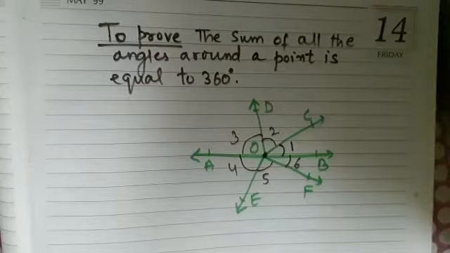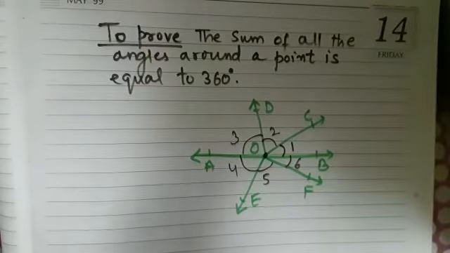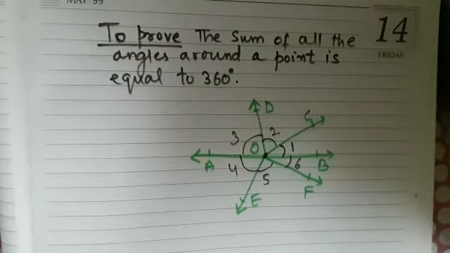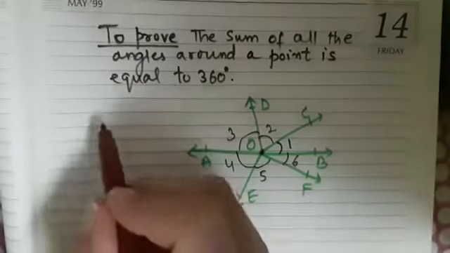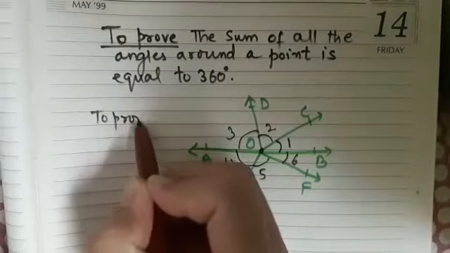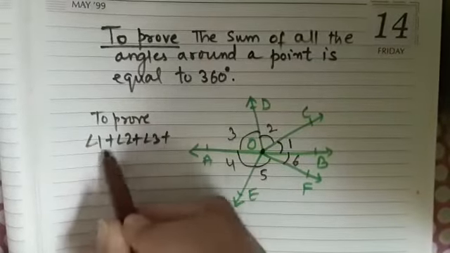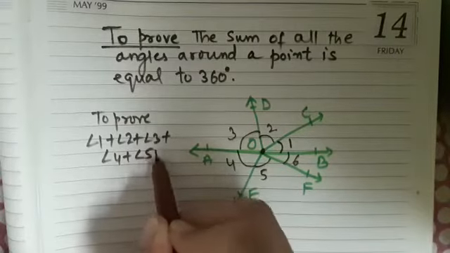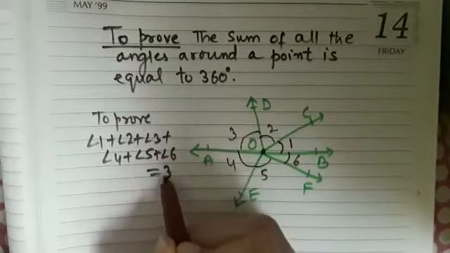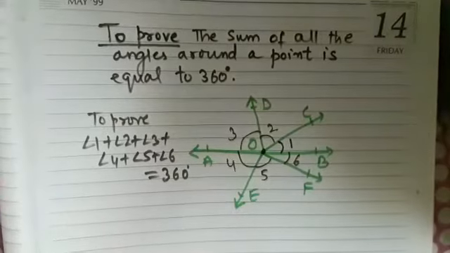So we need to prove that the sum of all the angles around a point equals 360 degrees. So we have to prove angle 1 plus angle 2 plus angle 3 plus angle 4 plus angle 5 plus angle 6 equals 360 degrees.